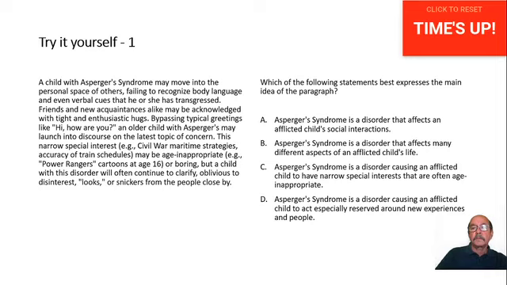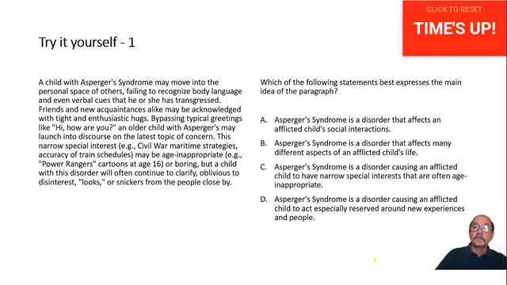Go ahead. What do you feel should be the correct answer? I'll give you about 30 seconds to look through the answers. Okay. Do you feel that the A option is okay?